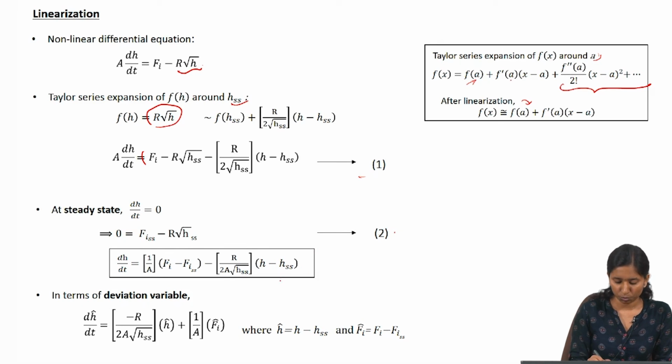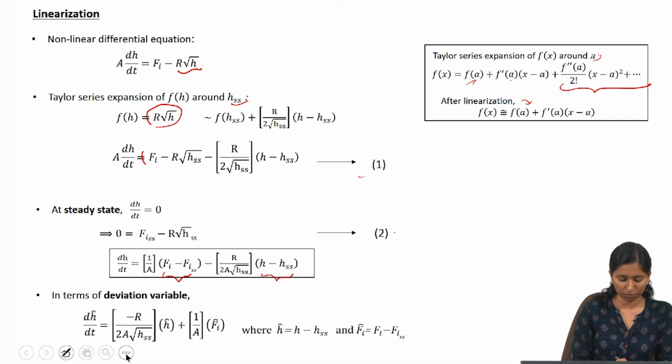These two variables denote the deviation or the change from the steady state values, and hence they are called deviation variables. So, these are new variables, and the new equation that we got is in terms of the new variables called deviation variables. We can denote the deviation variables by a cap.